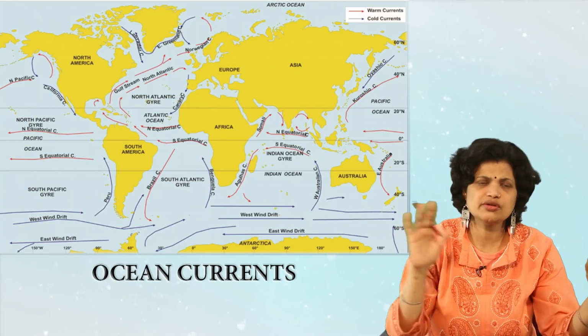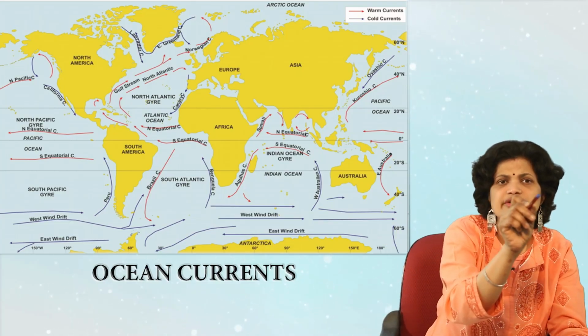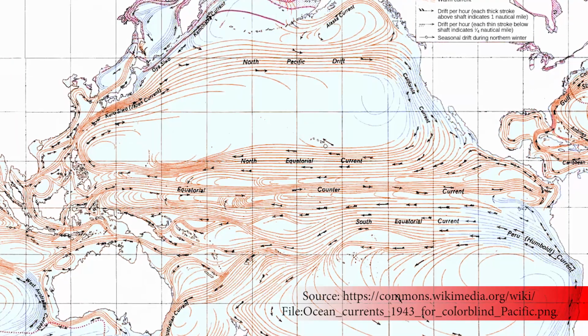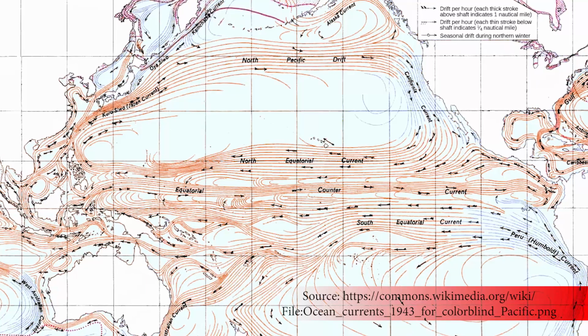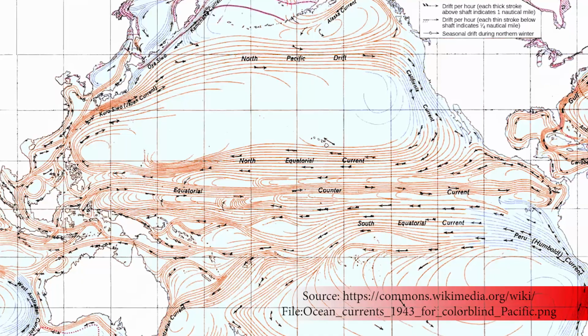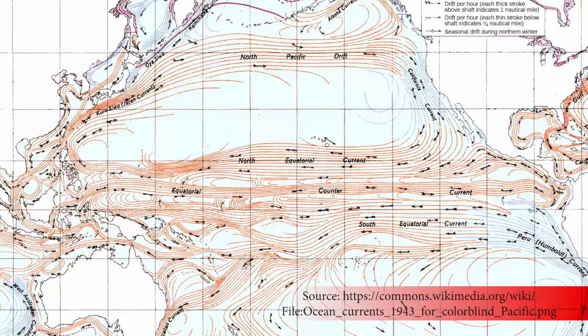On the left portion, the north equatorial warm current turns to the right as Kuroshio warm current along the Japanese coast, and then it again crosses the Pacific Ocean as North Pacific drift.